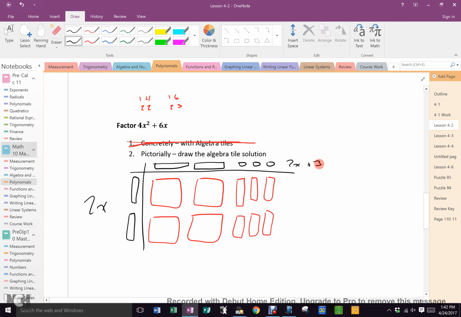Everybody got it? Now what would I do to write this out? What are the factors? 2x times 2x plus 3. And if I distribute that, what do I get? 4x squared plus 6x. Everybody cool? Now again, is there an easier way to do it if you know how to divide? Of course there is.